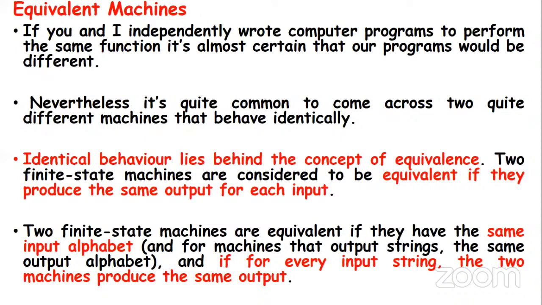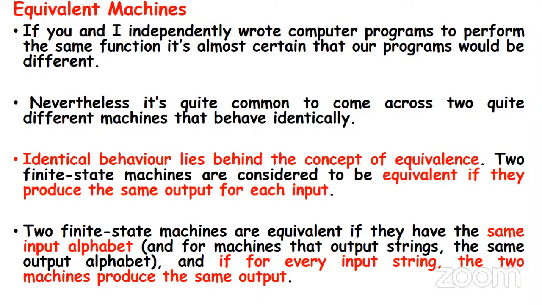So if you and an individual have decided to write a computer program independently, right, to perform the same function, it's almost certain that the programs that you have written will not be the same, except probably you do, right?